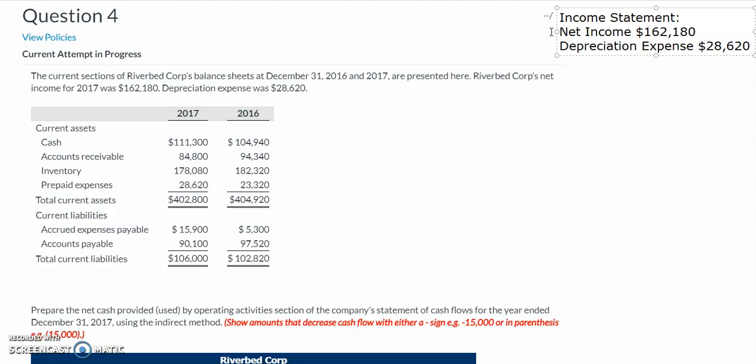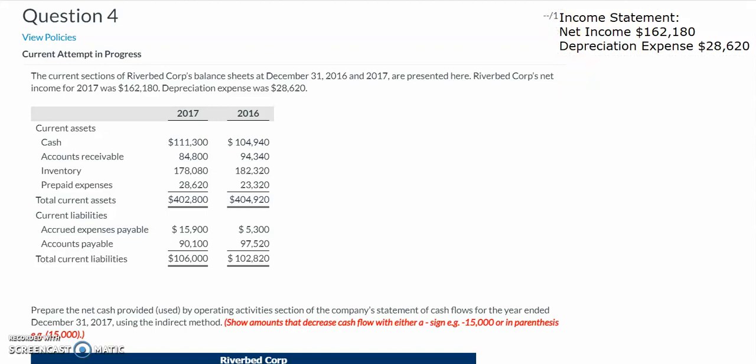And then we need to make some adjustments for timing differences between when cash was received or when cash was paid, or if we have some items in the income statement that actually don't even impact cash. And a great example of that is depreciation expense.